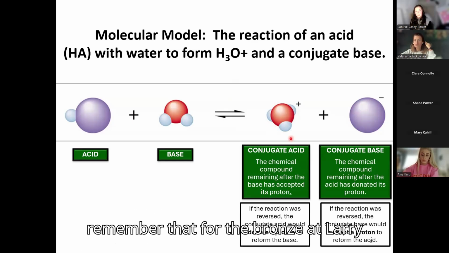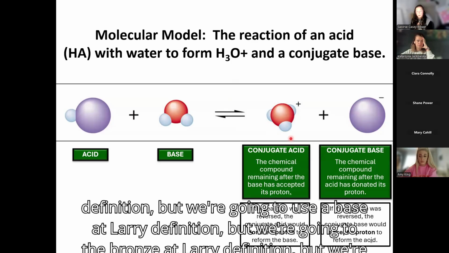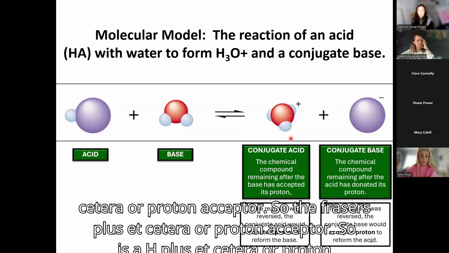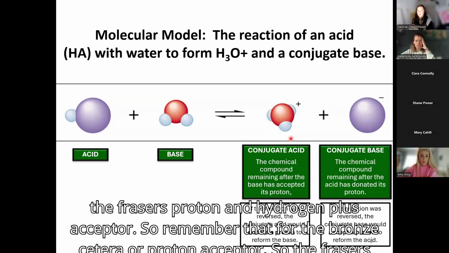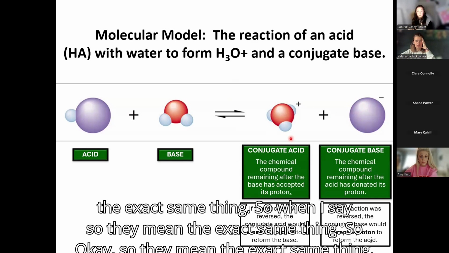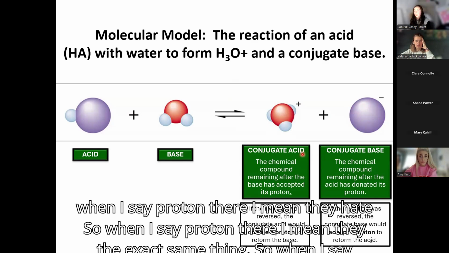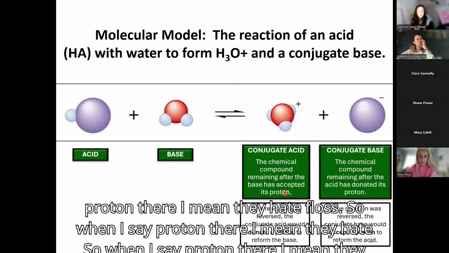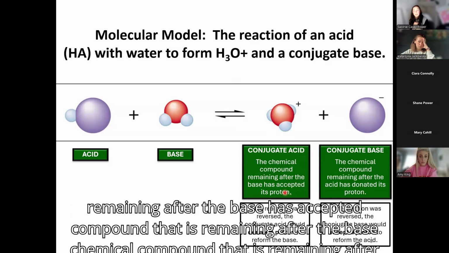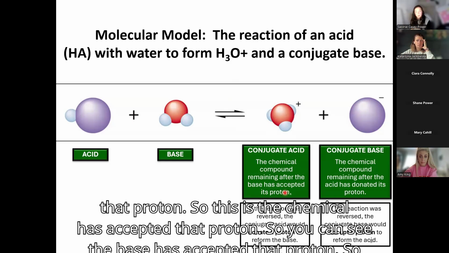Remember that for the Bronsted-Lowry definition, which we're going to use, a base is an H plus acceptor, or a proton acceptor. The terms proton and hydrogen plus are interchangeable here; when I say proton, I mean H plus.